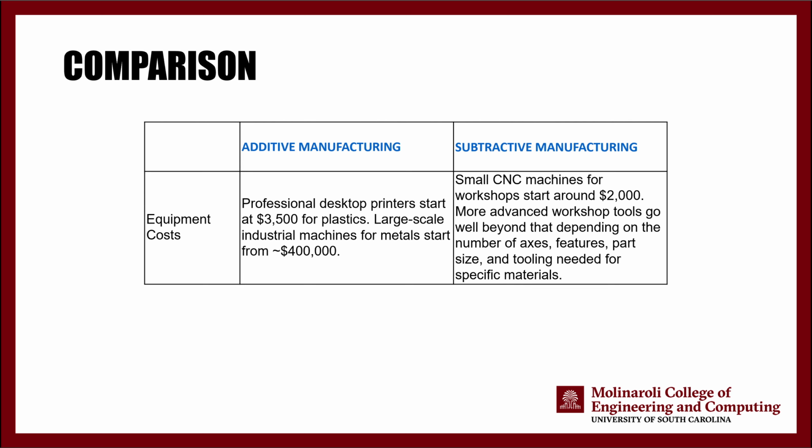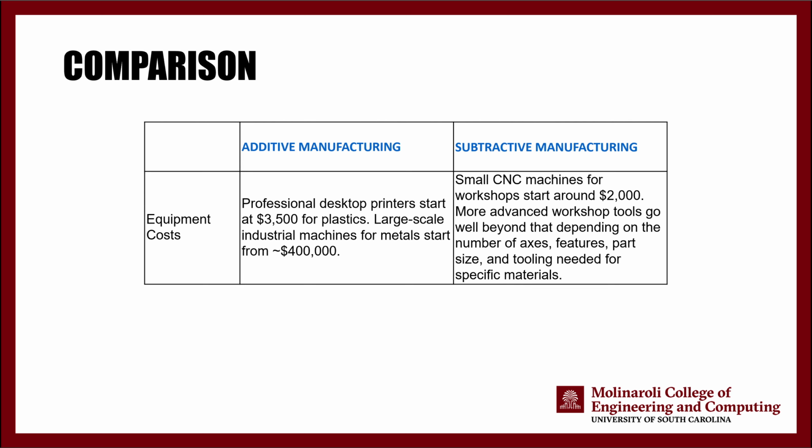Okay, so which one of these manufacturing processes is better, additive manufacturing or subtractive manufacturing? There is no one answer to this. You just have to see what you need and what fits your design best.